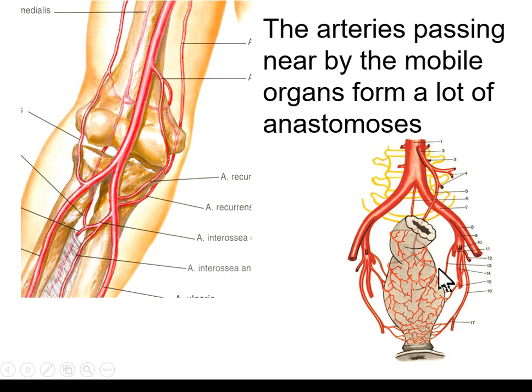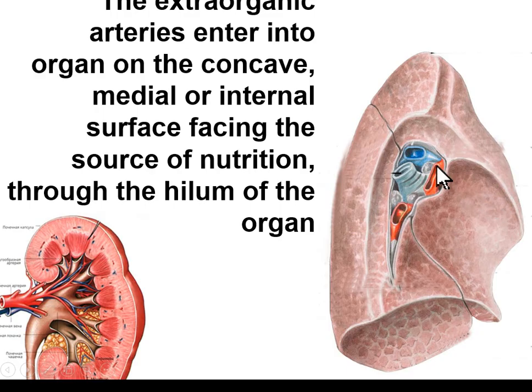These five arteries anastomose inside the walls of the rectum. The extraorganic arteries enter into the organs on concave, medial or internal surface, passing the source of nutrition through the hilum of the organ.